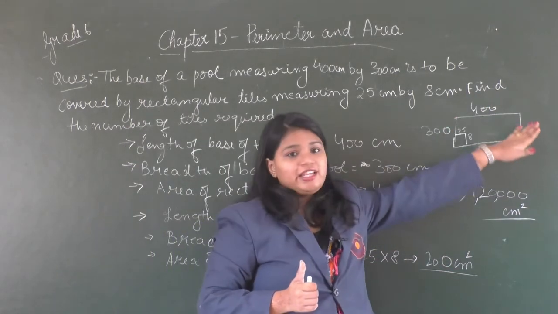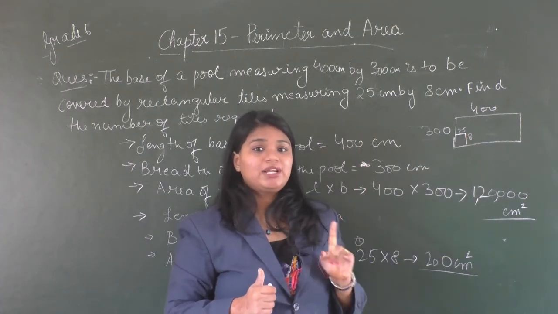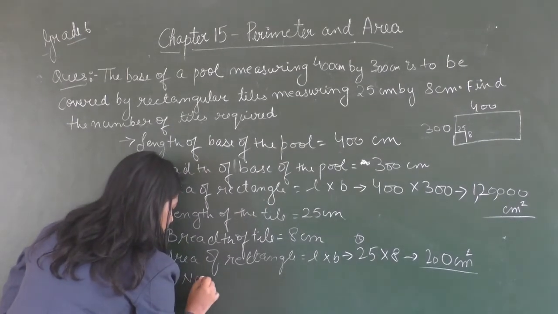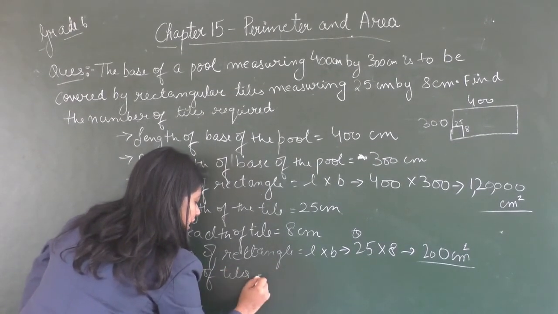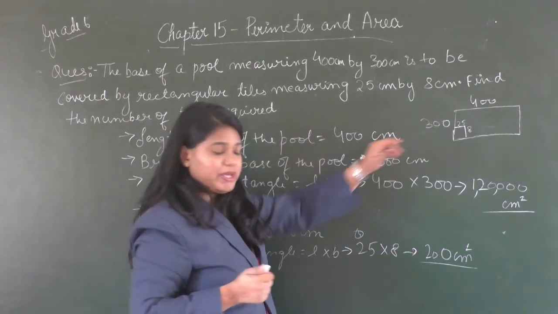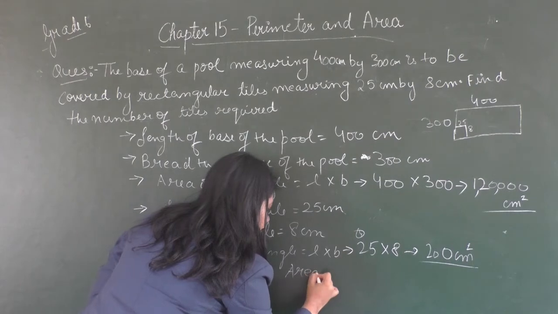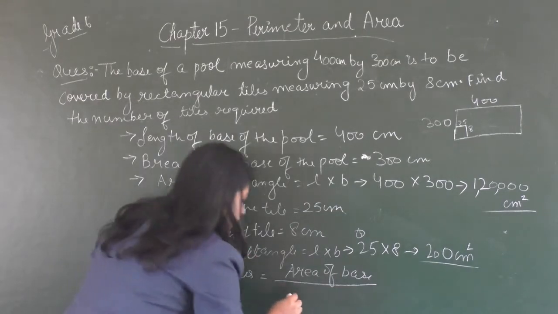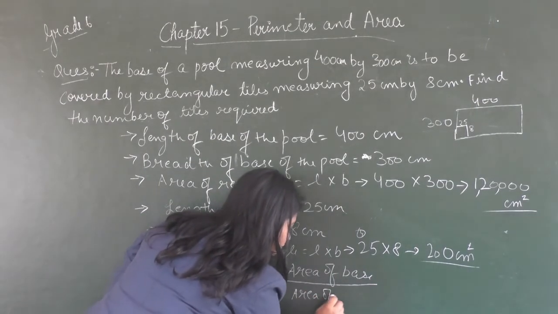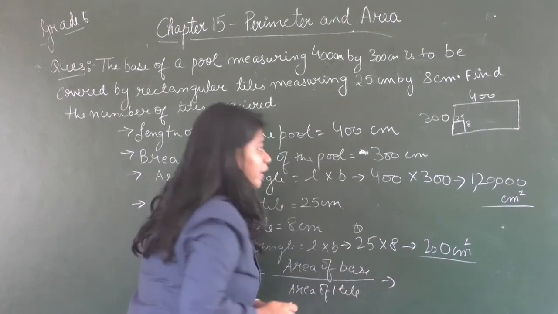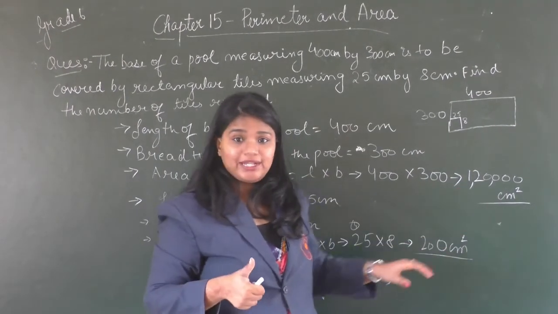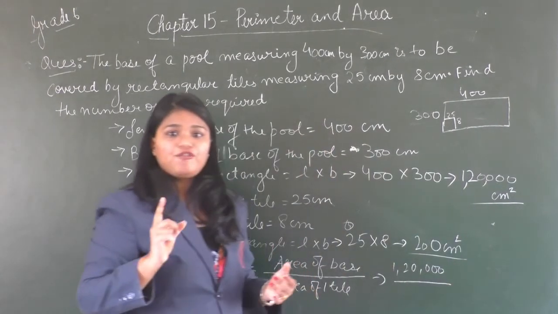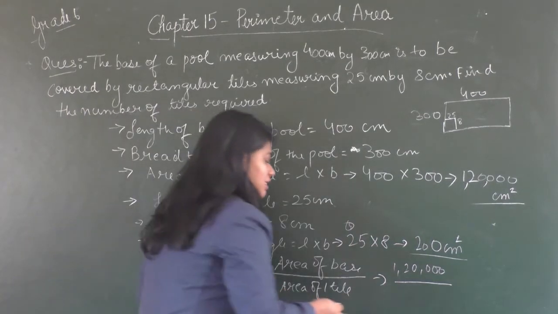Now we have the area of the entire base and the area of one tile. How will you calculate the number of tiles? So we will write number of tiles is equal to, that is area of the base divided by area of one tile. So area of the base we calculated as 1,20,000 centimeter square, and area of one tile was calculated as 200 centimeter square.